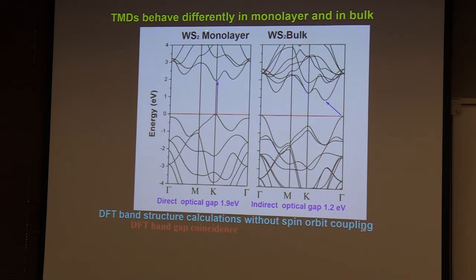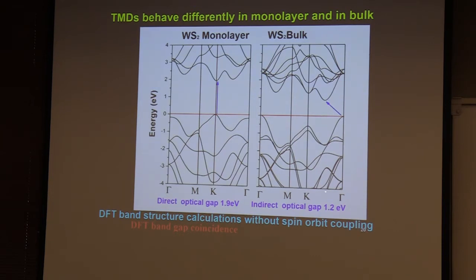What makes the semiconducting transition metal dichalcogenides special, I mean molybdenum sulfide, molybdenum diselenide, tungsten sulfide, tungsten diselenide, is that when you have a monolayer, you have a band structure similar to this one, in which your band gap is direct. It is not indirect.